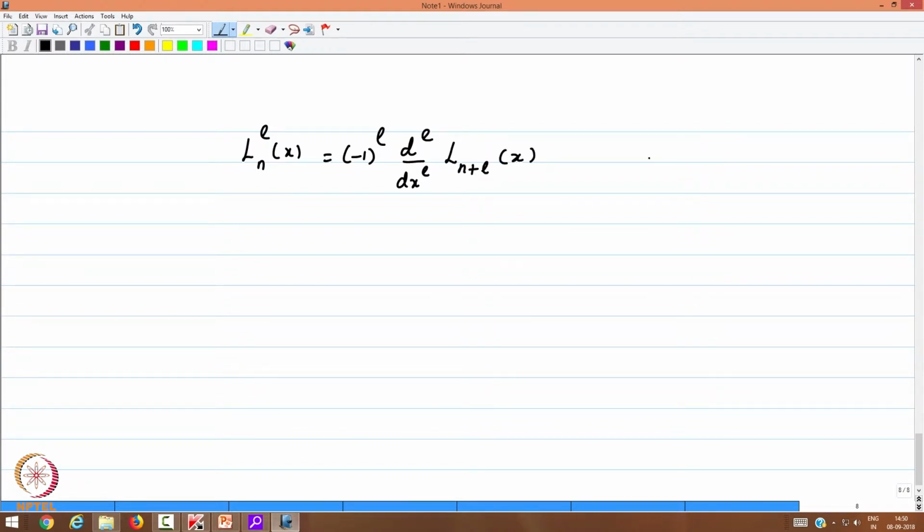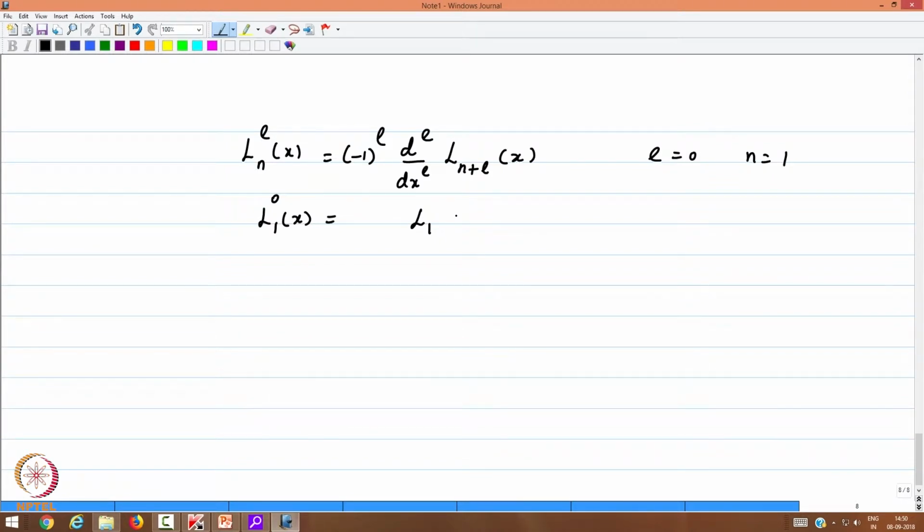So, if L is 0 and n is 1, then you have L1 of x. I do not even want to write L0 of x, because there is no L anyway. So, the first one for which L can be mentioned is n equal to 1. When L is 0, there is no derivative, and therefore L1 of x 0 is L1.